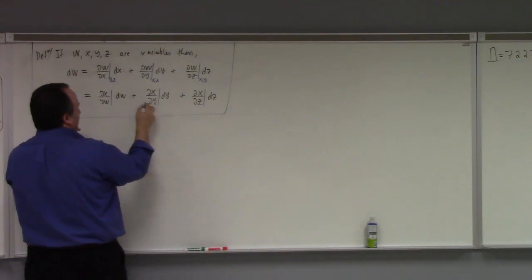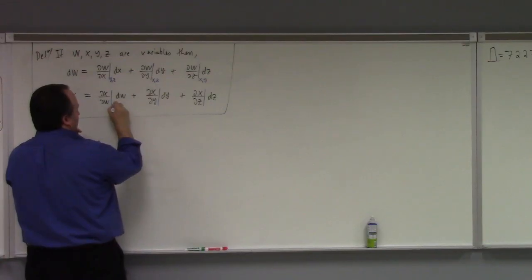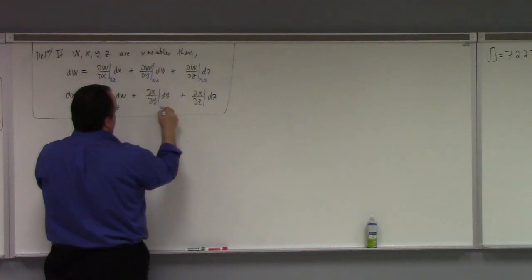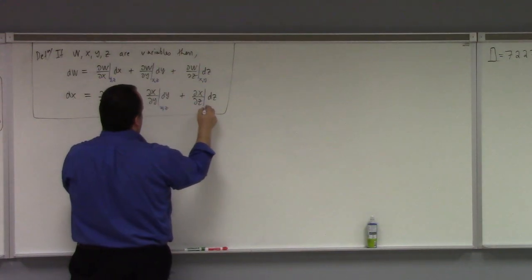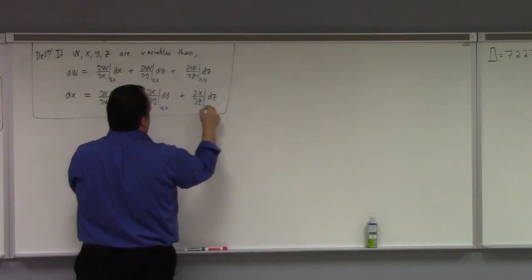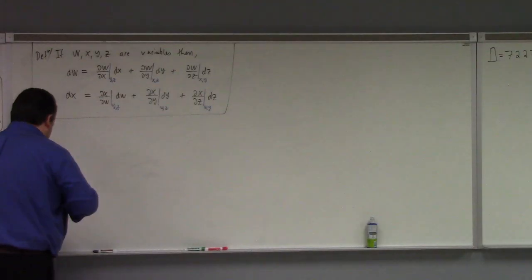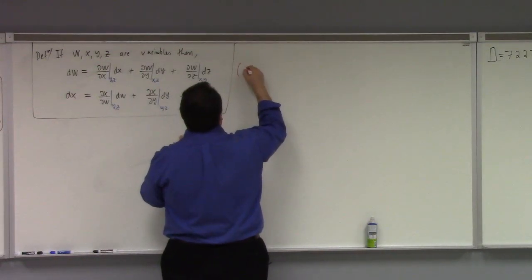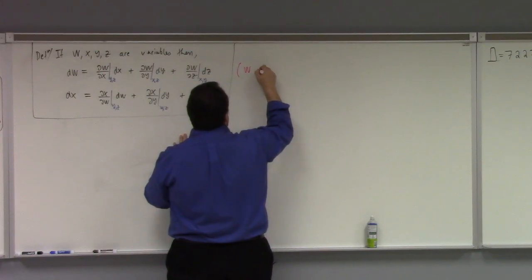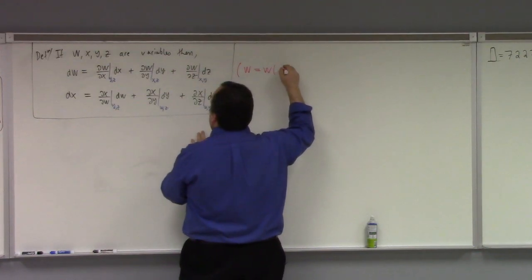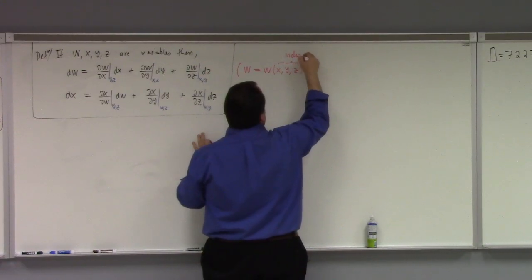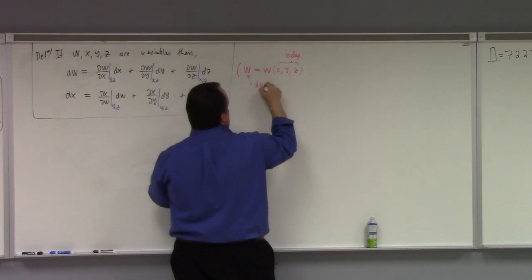And down here, my set of independent variables, I'm thinking of dx. Let me write a little bit more here. So I put a y and a z here. I put a w and a z here. I put a w and a y here. Let me give you a little bit more language. So we have w is equal to w of x, y, z. So these are independent, and w is the dependent variable.